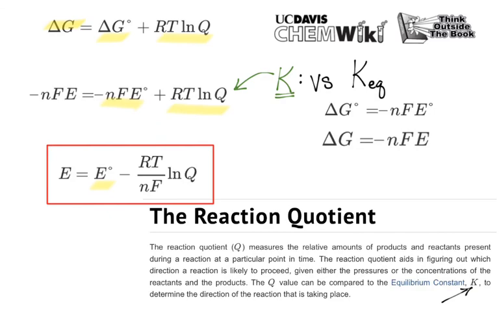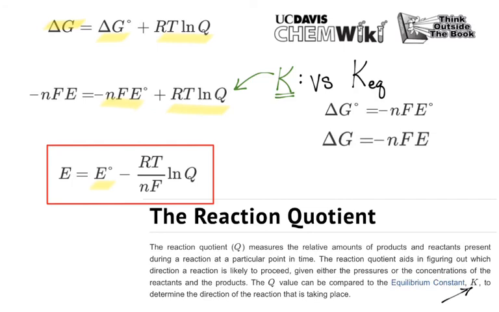And as a reminder, the reaction quotient itself measures the relative amounts of products and reactants present during a reaction at a particular point in time. We quite often have been dealing with it as the Q value relative to the equilibrium constant, KSP.